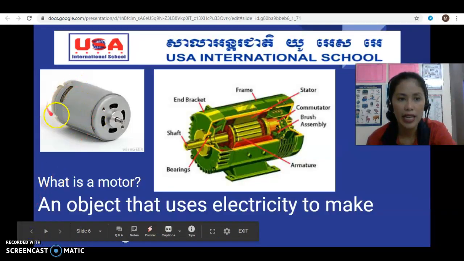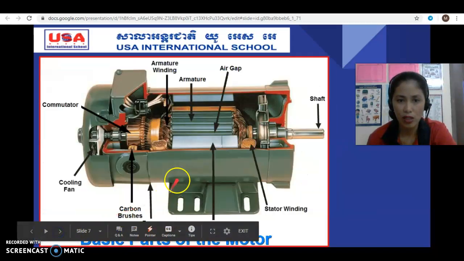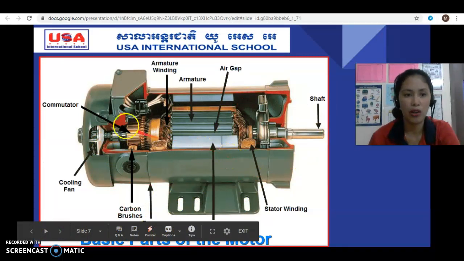Inside are the shaft, the bearings, the end bracket, the frame, the cover, the stator, commutator, the brush, and the armature. So this one is only a bigger picture of a motor.